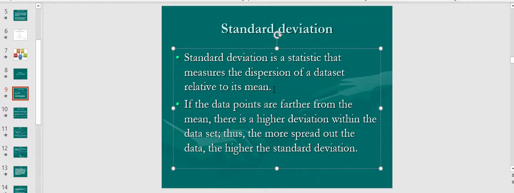If the data points are further from the mean, there is a higher deviation within the dataset. Thus, the more spread out the data, the higher the standard deviation.